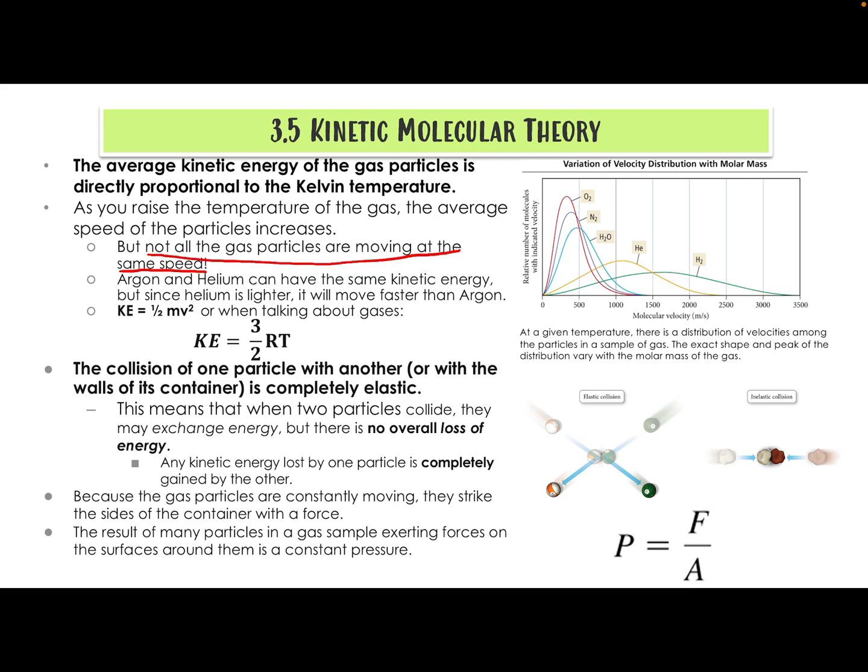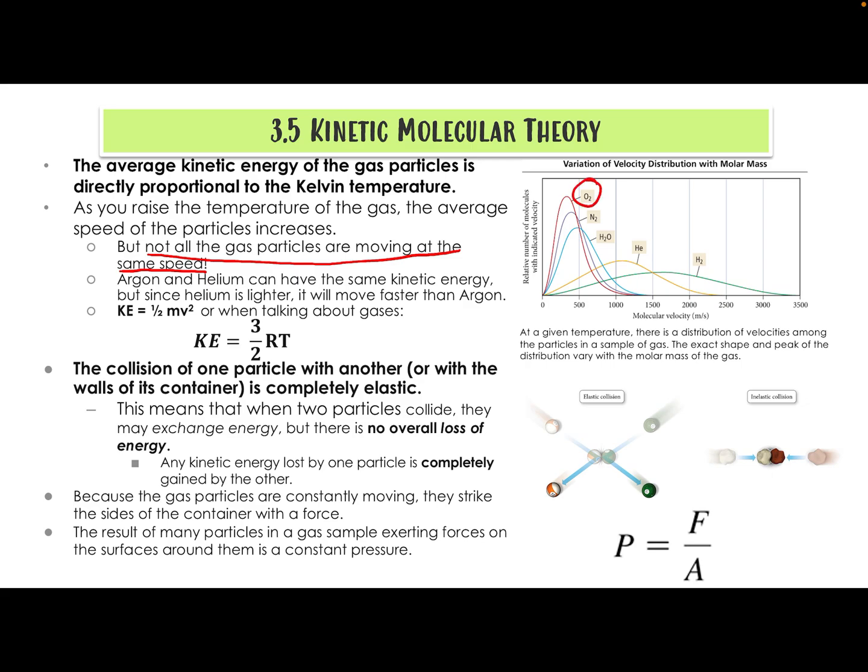So if we look over here to this graph, we see that we have several different gases, which are graphed according to the relative number of molecules with an indicated velocity and the molecular velocity of those molecules.